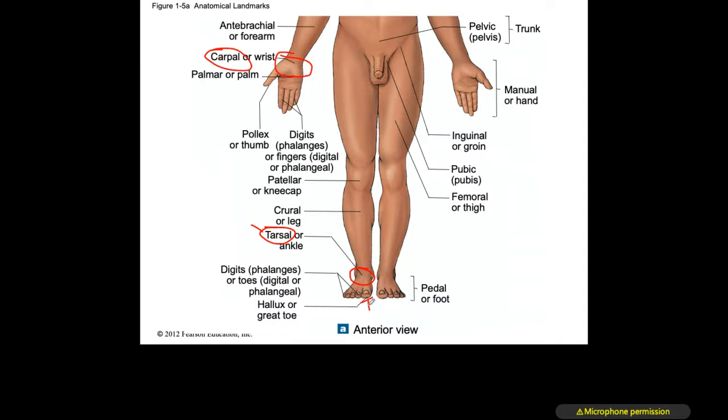So the tarsals are with the toes, which is the feet. The great toe is called the hallux, whereas the thumb is called the pollex. The digits of both the hand and the digits of the feet are both referred to as phalangeal or phalange.